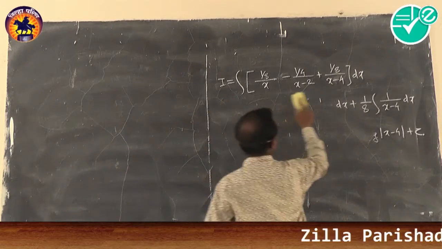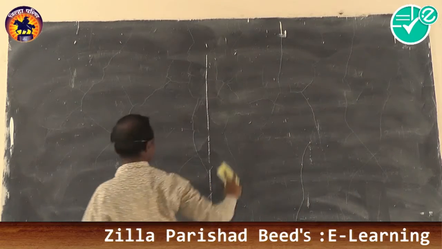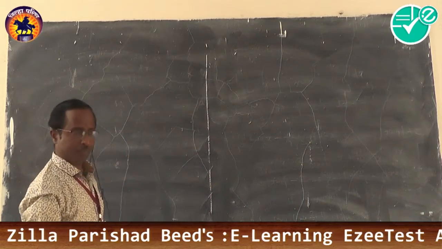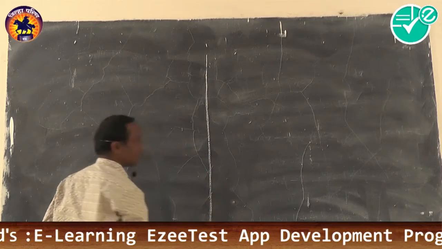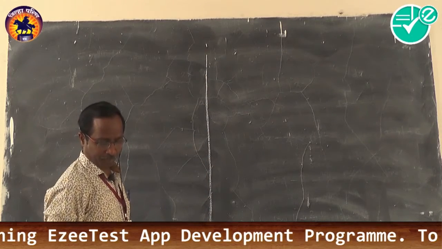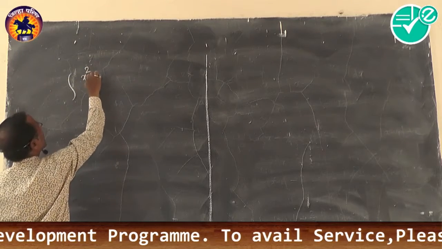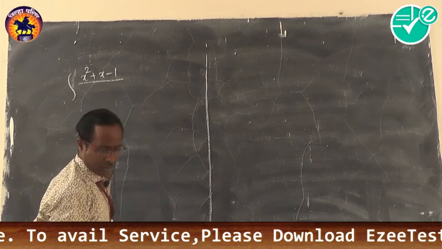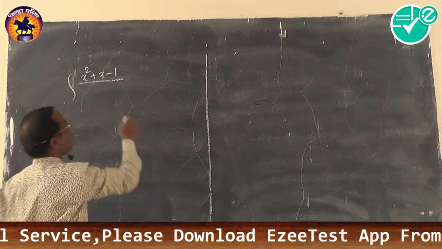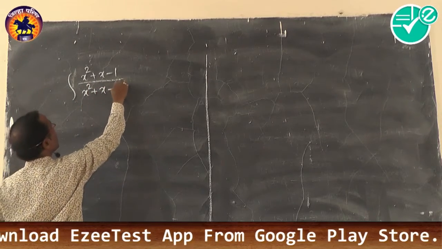Next example, evaluate the integral of x square plus x minus 1 divided by x square plus x minus 6 dx.